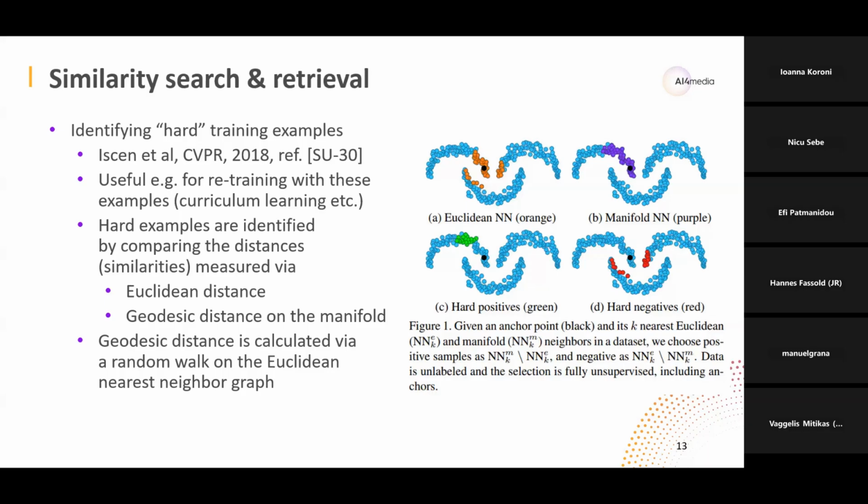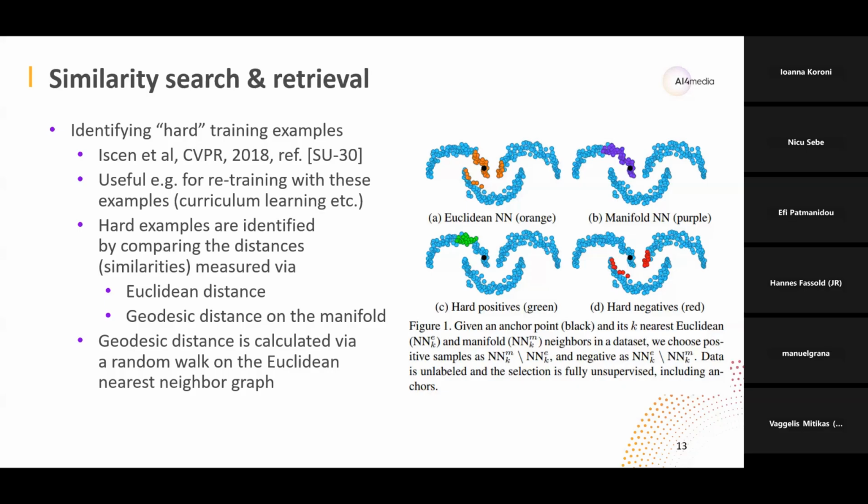And in B, you see that when you measure the nearest neighbors with a geodesic distance on this natural manifold, then the nearest neighbors stay on the same manifold.